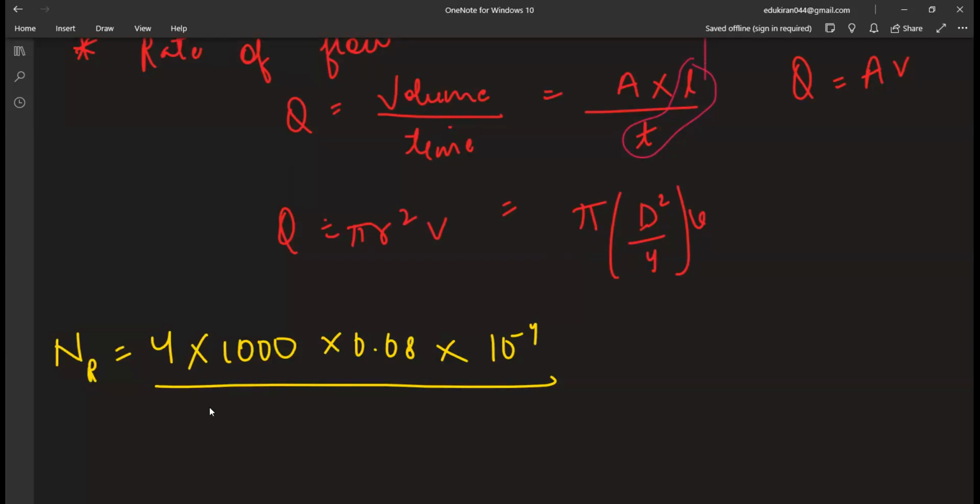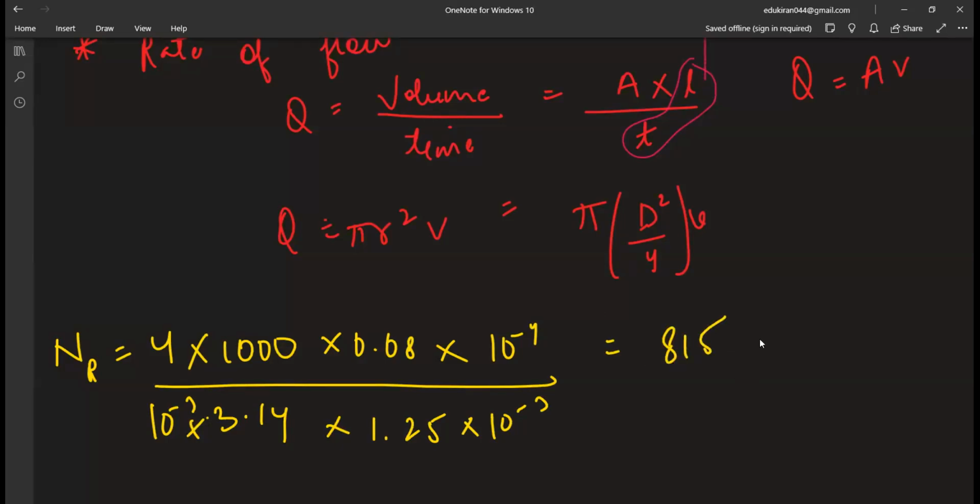See, pi is there, so that becomes 3.14, 10 to the power minus 3. And we have 1.25 into 10 to the power minus 3. This was for time. So when you calculate, this will come out to be 815.